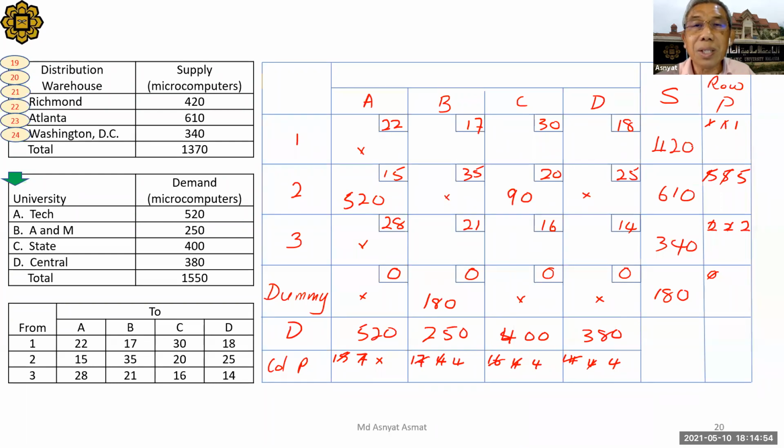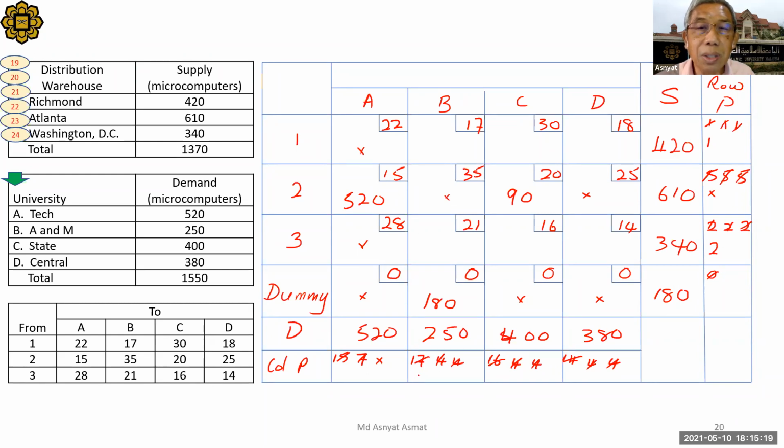So let's recalculate the penalty. The penalty is still 1. The second one, 2.